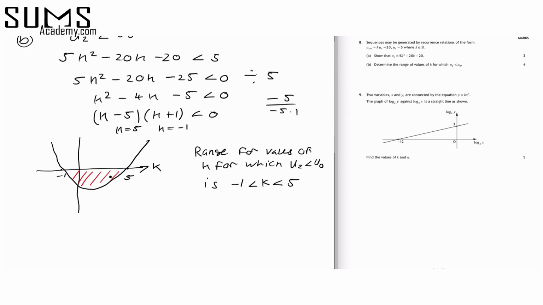So you see here, it's because for all these values between -1 and 5, the value of u_2 is going to be less than u_0. So you need a statement like that and a sketch to get all the marks.